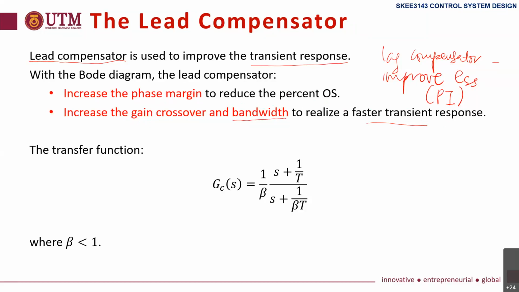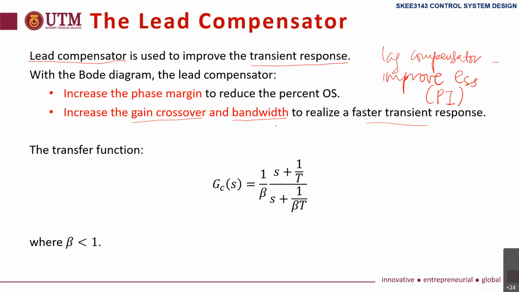Perhaps you are not familiar with bandwidth. Bandwidth is related to the gain crossover frequency. So if we can increase the gain crossover frequency, we can at the same time increase the bandwidth of the system. We want a high bandwidth.